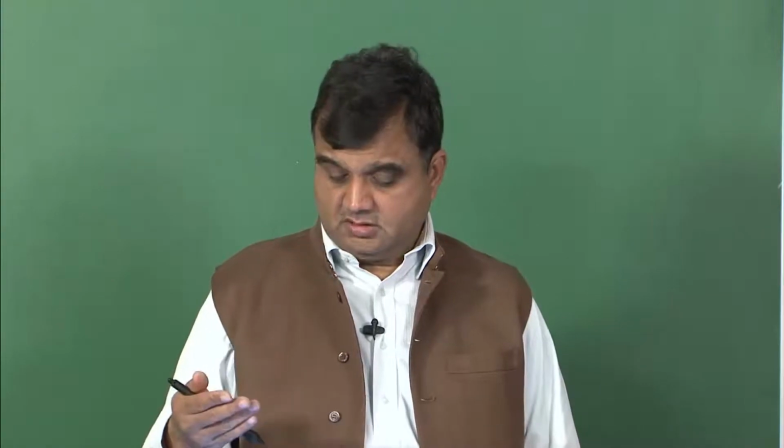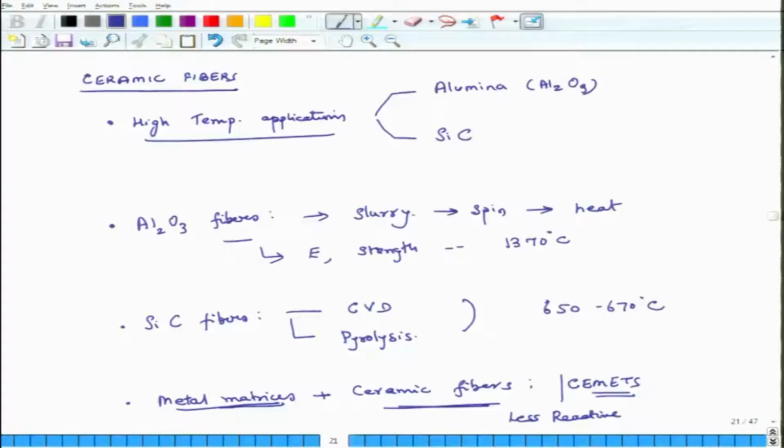These blades run at extremely high RPMs and they experience sometimes very high temperatures, and you want to make sure that at these high temperatures they do not wear out soon, they are strong, they are stable. So, in aircraft engine blades, turbine blades, these are typical applications of these fibers. So, this is about ceramic fibers.